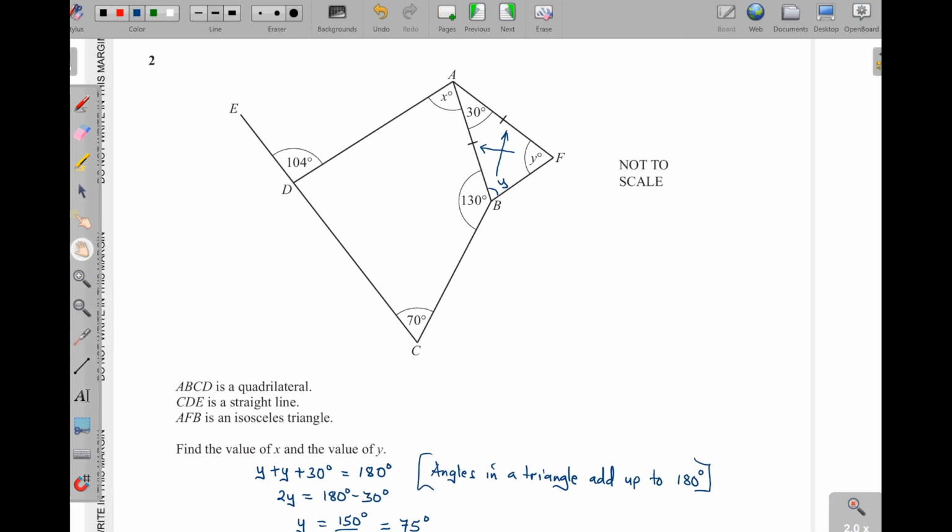Then how about x? This is a quadrilateral, so we need to get the angle here. After getting this angle, we can add all of these and equate to 360, because the angle sum of a quadrilateral is 360.